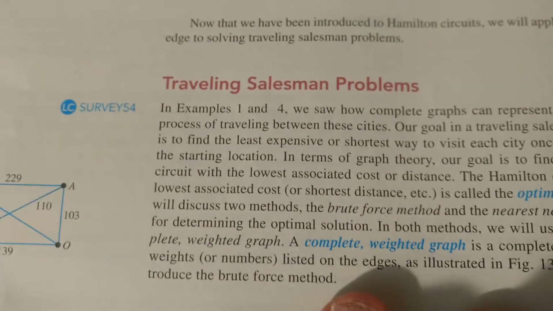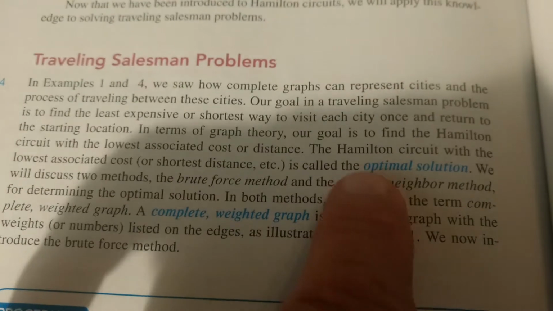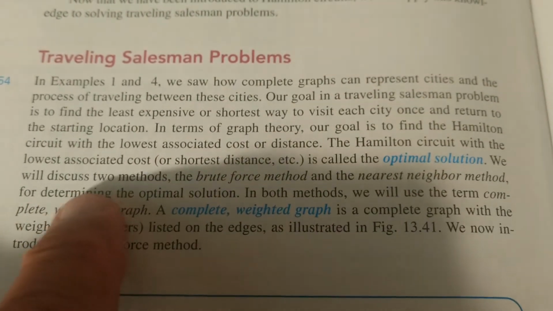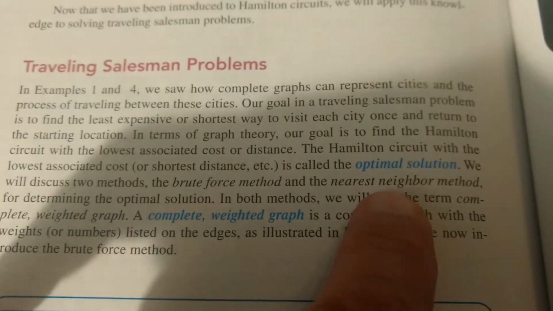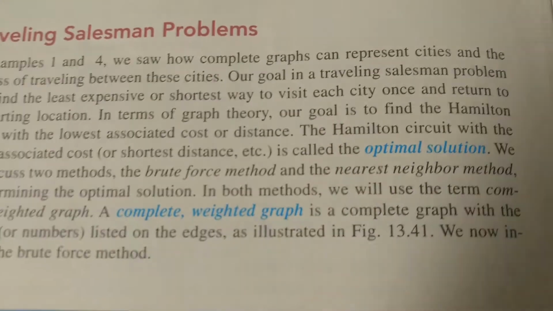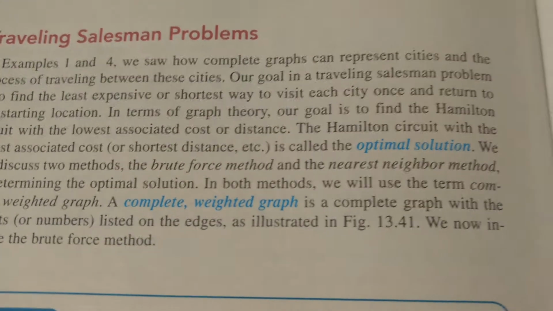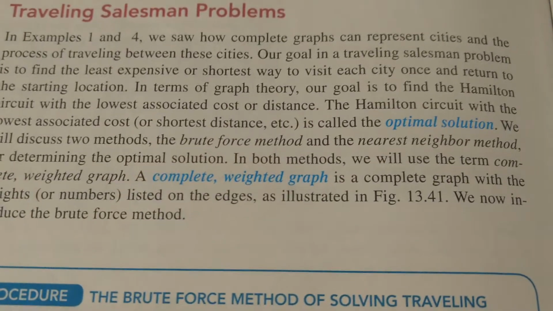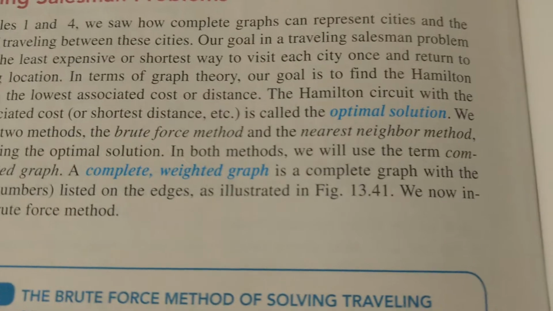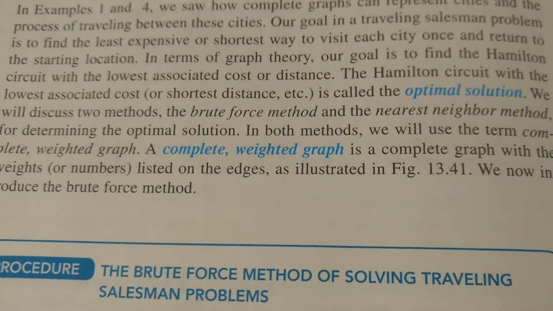So now we're on page 828 in the section. And right here, it says the Hamilton circuit with the lowest associated cost is called the optimal solution. So remember, in these types of problems, that's what we're looking for. We're looking for the optimal solution, okay? It then says we will discuss 2 methods, the brute force method and the nearest neighbor method, for determining the optimal solution, okay?